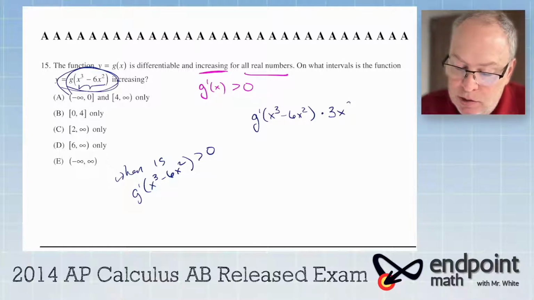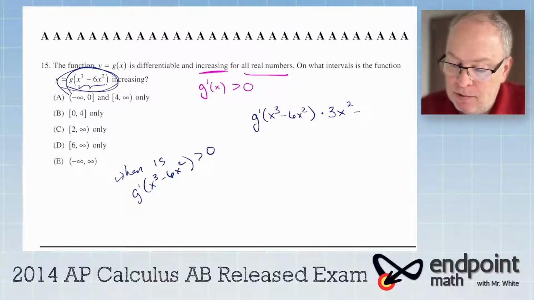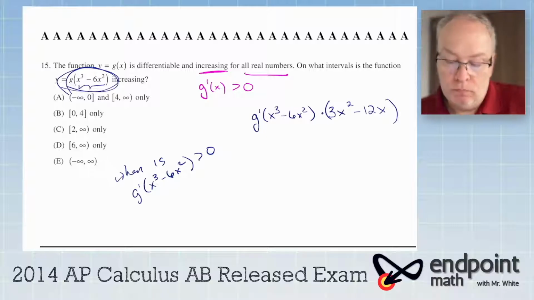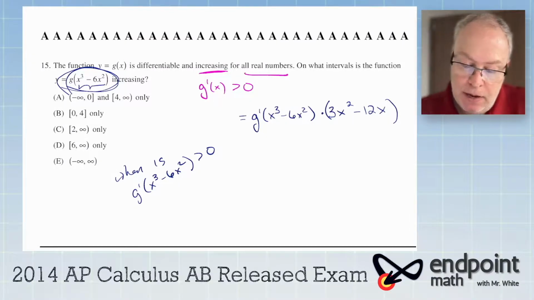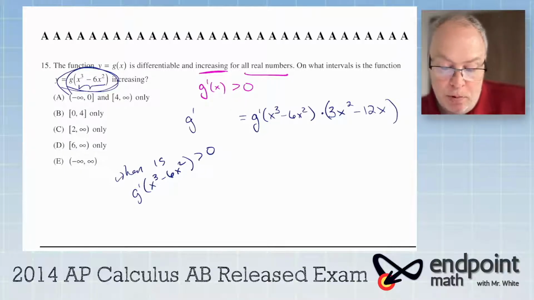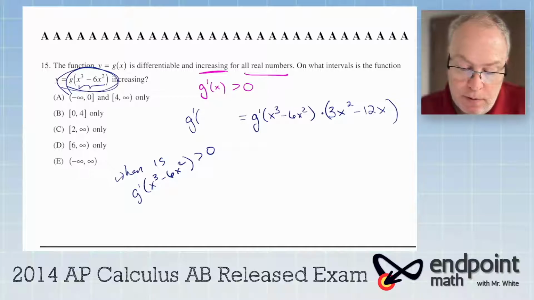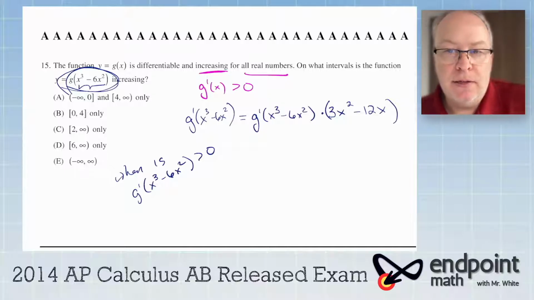That would be 3x squared minus 12x with a parenthesis around it. Right? This would be what g prime of x cubed minus 6x squared would be. All right, hopefully that's making sense here.